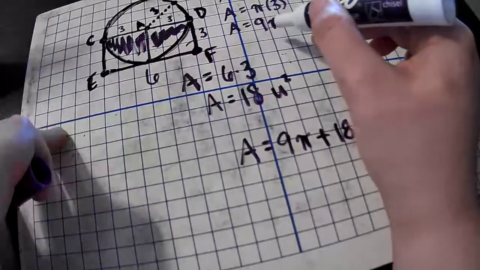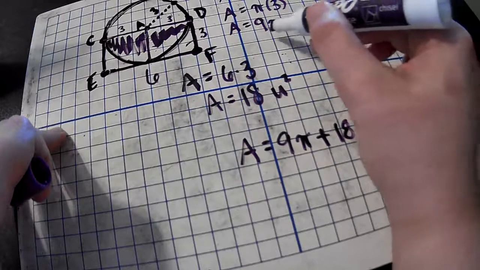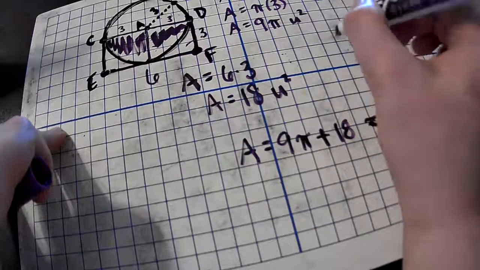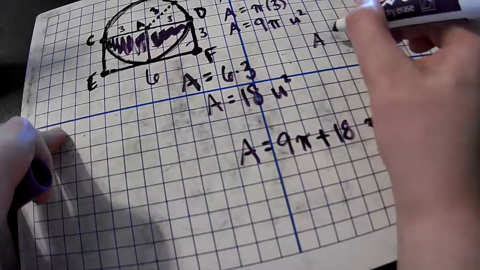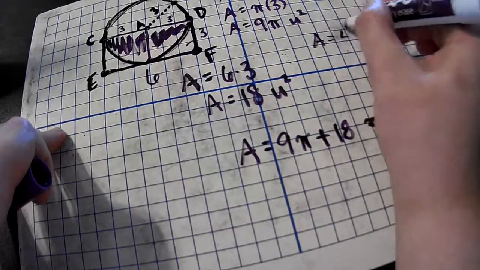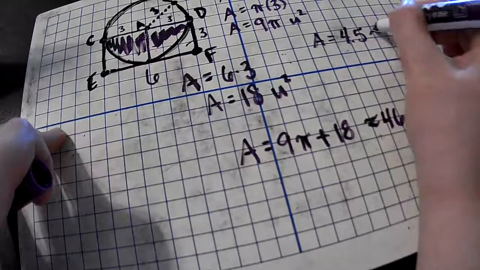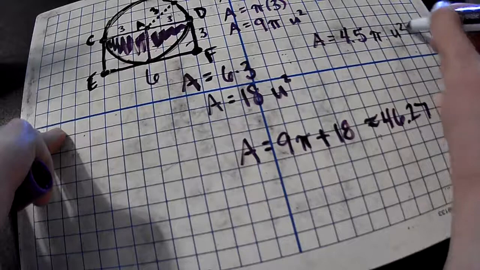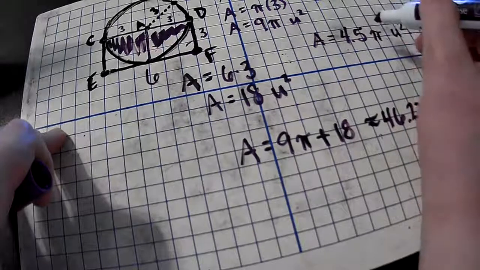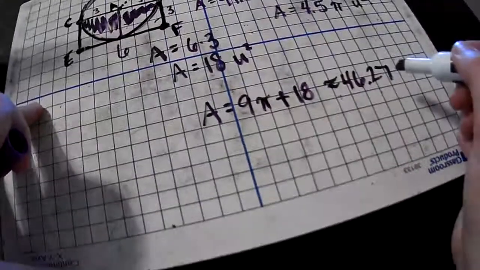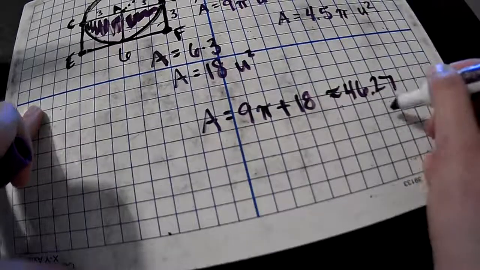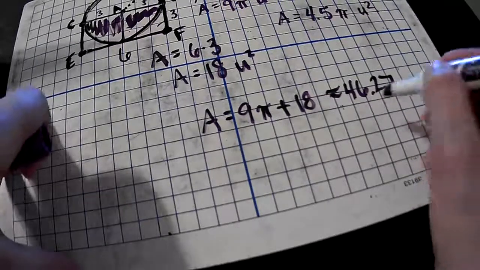Now, I still need to remember to subtract out that half of the circle that got counted twice. So now I'm going to take my area of my circle, which was 9 pi square units, and divide that by 2. Well, 9 divided by 2 gives me 4.5, so I've got 4.5 pi square units. This is the amount that was counted twice, right? So now I need to subtract that out from the 46.27 that I just got.